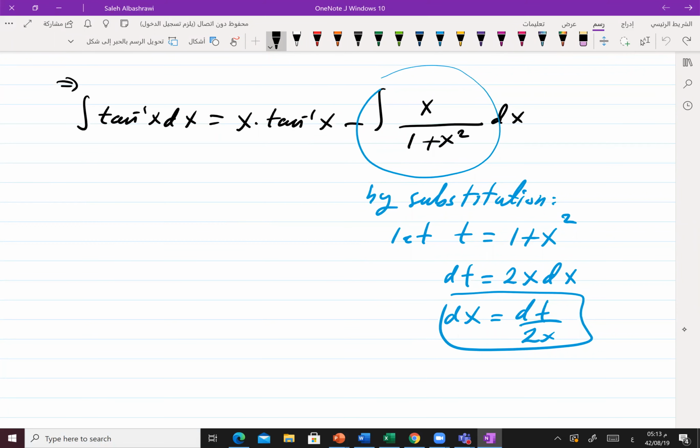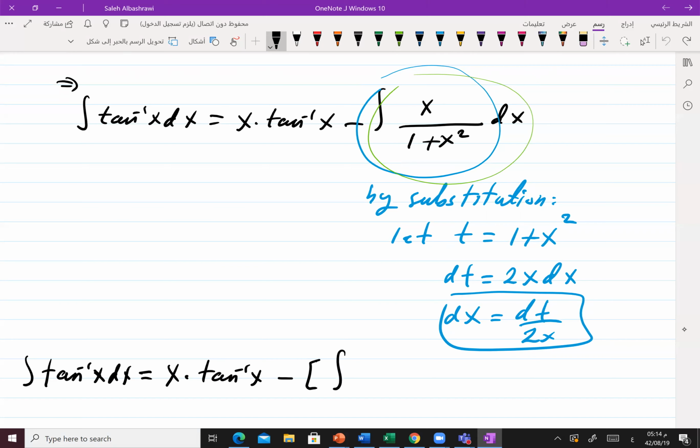So the integration of tan inverse x dx can be written as x multiplied by tan inverse x minus, now we are finding the second integration, open bracket, integration of x divided by t, by the substitution 1 plus x squared equal to t, and dx written as dt divided by 2x.